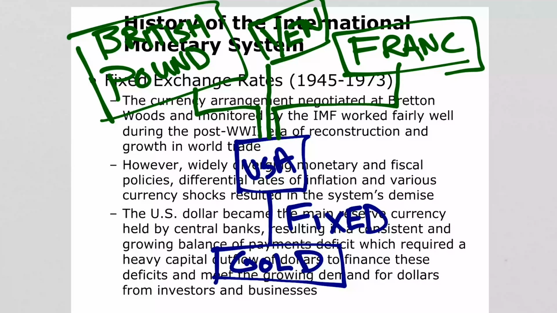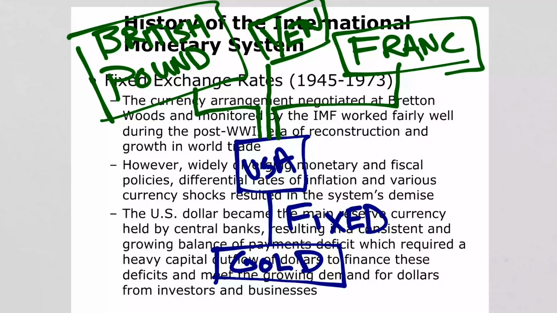In this way, it's just like we were looking at before. Effectively, if the US dollar is fixed to the price of gold, and the British pound is fixed to the US dollar, the yen is fixed to the US dollar, the franc is fixed to the US dollar, then the rate at which the British pound can be exchanged for yen is also fixed. Likewise for the yen to the franc, and so on.